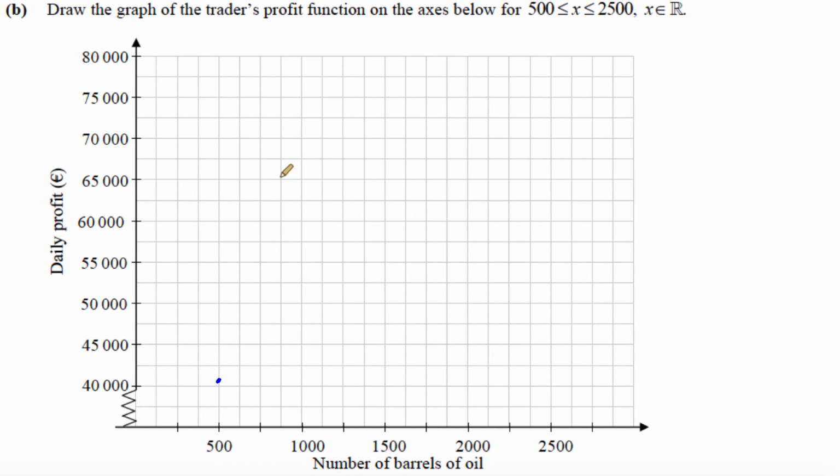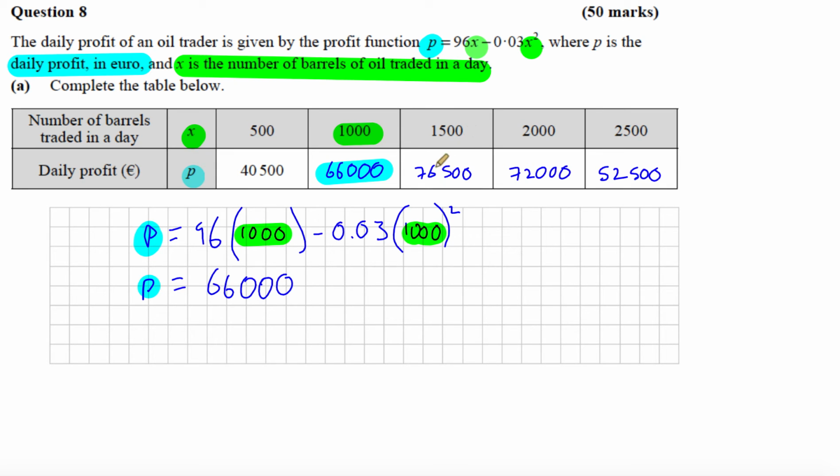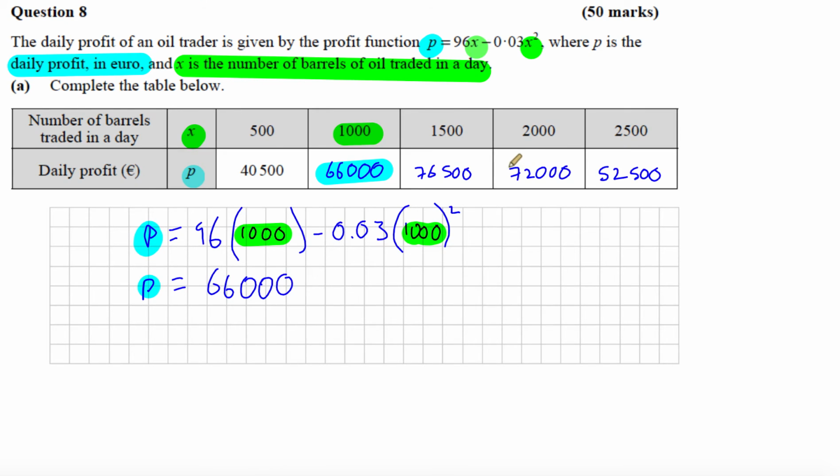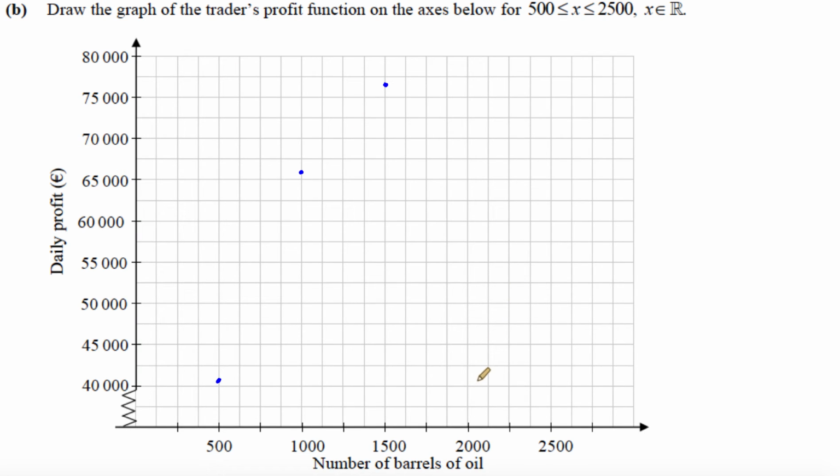So 1,000 barrels a day gives us a profit of 66,000, which would be somewhere in the region of here. 1,500 barrels gives us 76,500, somewhere around here. 2,000 barrels gives us 72,000, so a little bit below that.